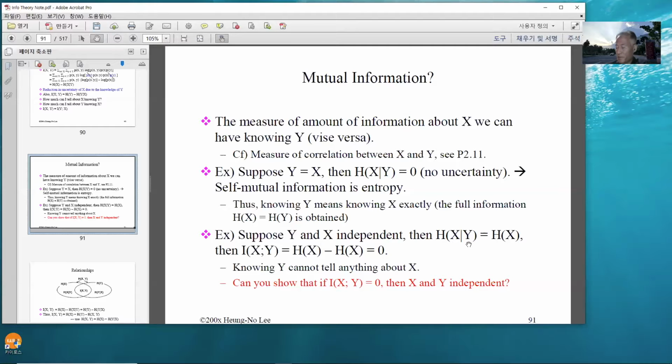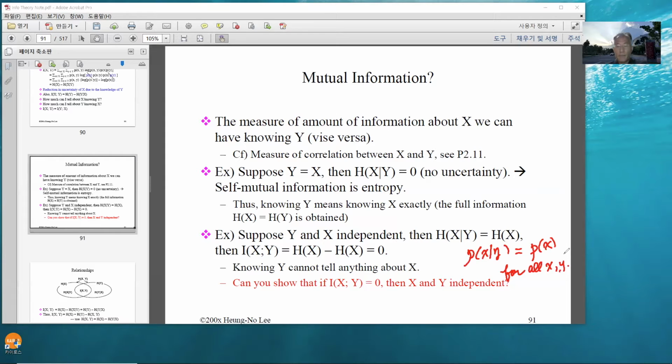So basically, in this case, the result is that P of X given Y is equal to P of X for all X and Y.